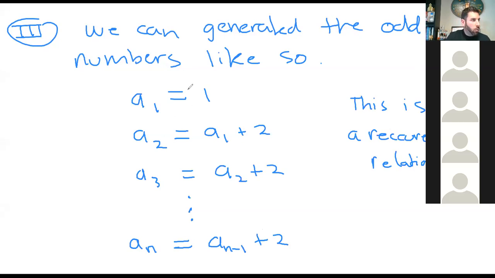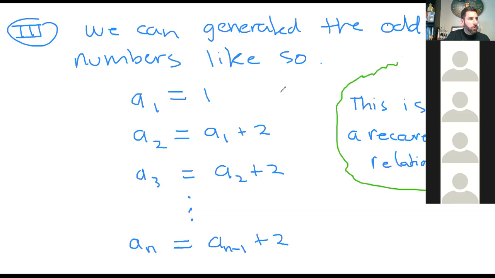So for example, what is this equal to? And if any of you have ever had any experience programming, you'll see why these things are very useful. They show up in all kinds of applications because it's a very quick way of generating things.